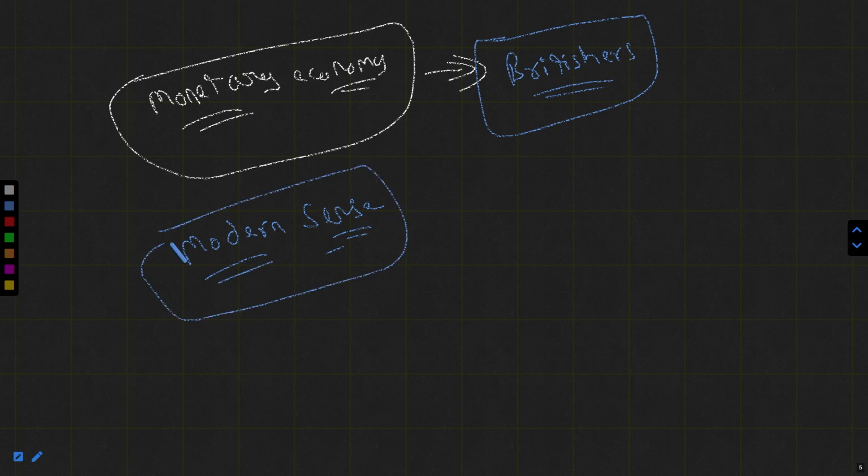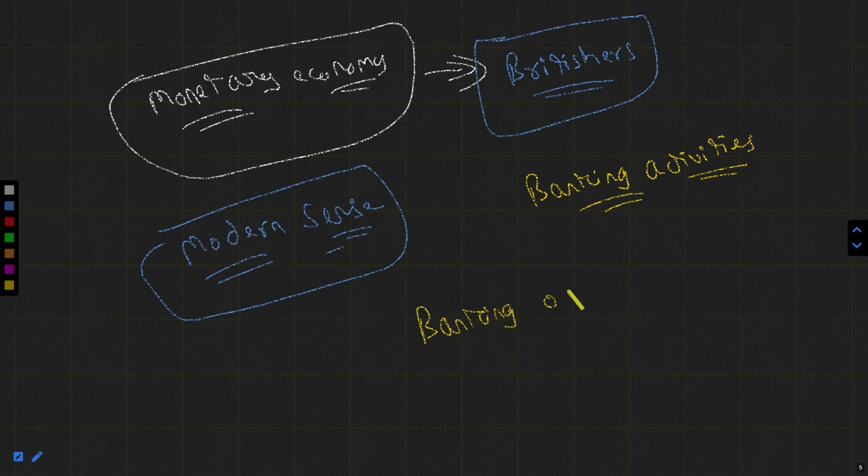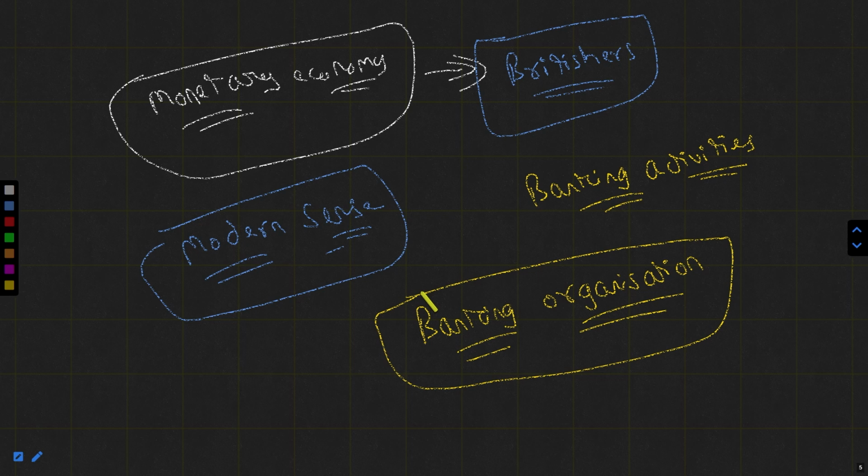Remember, in the lectures on banking history, I told you that India had banking activities, but we didn't have any banking organization. In modern terms, who set up the banking organizations?